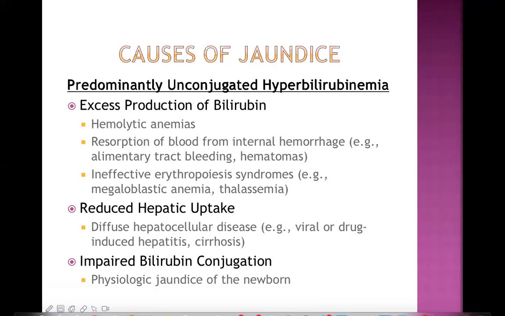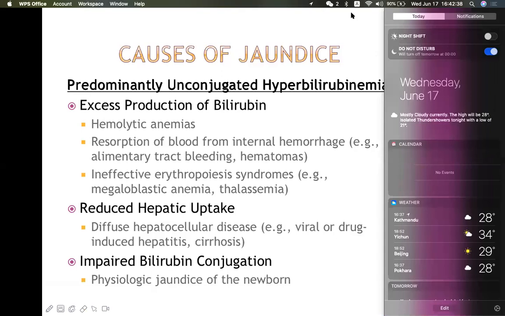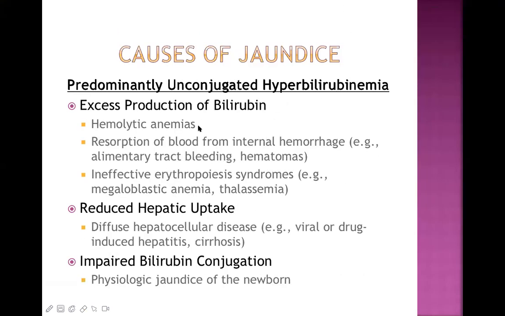Now, can you give me some examples of hemolytic anemia? Yes? G6PD deficiency, sickle cell anemia, PNH, thalassemia, and hereditary spherocytosis. Excellent. Most of the names he has already told. So let me repeat them again.